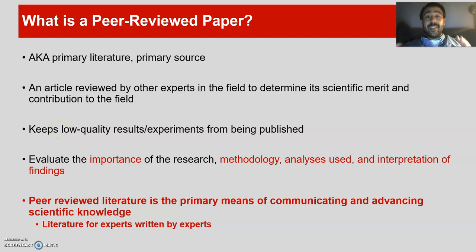And this is the primary means by which scientists communicate new science to other scientists, right? It's literature written by experts for other experts. And the reason I'm saying that is because as you get more practice reading the primary literature, you're going to find that this is not easy reading.